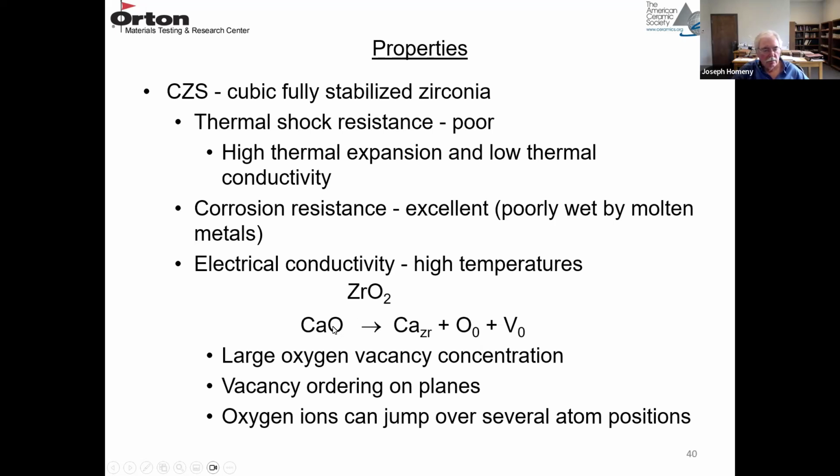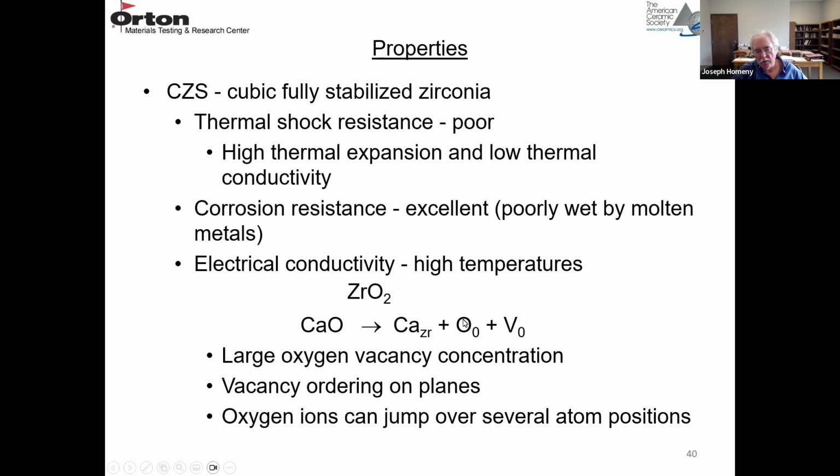So when you add 10 mol% or whatever of CaO to ZrO2, you're going to create a lot of oxygen vacancies. So you're going to have a large oxygen vacancy concentration. And these vacancies start to order on planes when there's a large concentration of vacancies. So the electrical conductivity is due to oxygen ions moving through the vacant site.